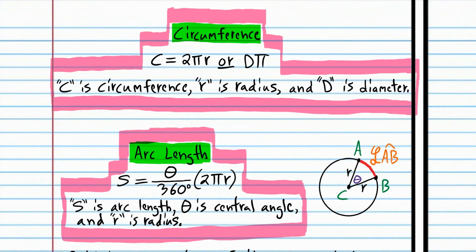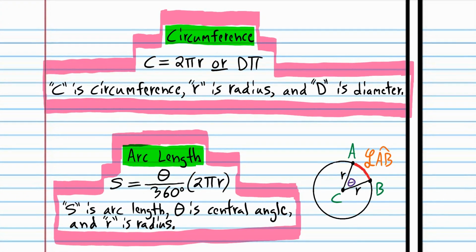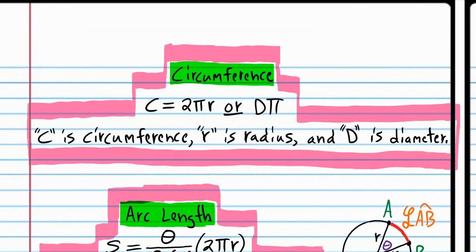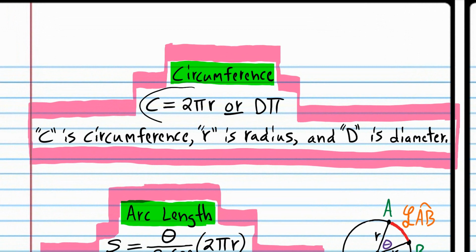Now, in order to do this, we have to review circumference. Circumference is the length of the entire perimeter of the circle. So if you want to find the distance around the entire circle, that's a complete arc, a 360-degree arc. If you want to find the length, you use circumference. And the formula is 2 pi r.